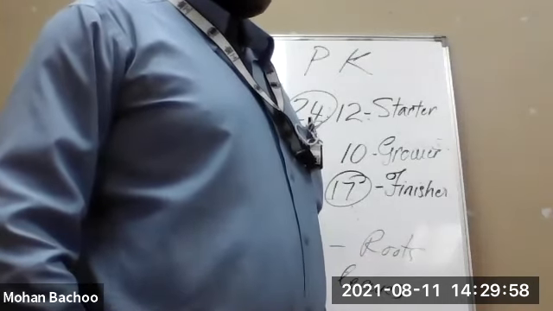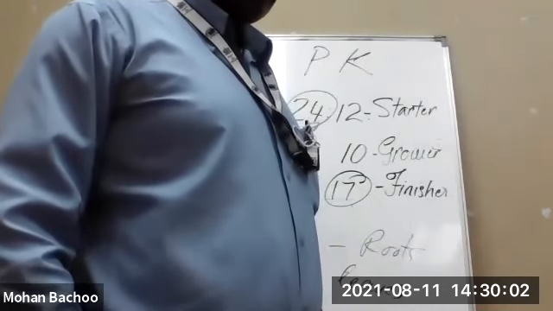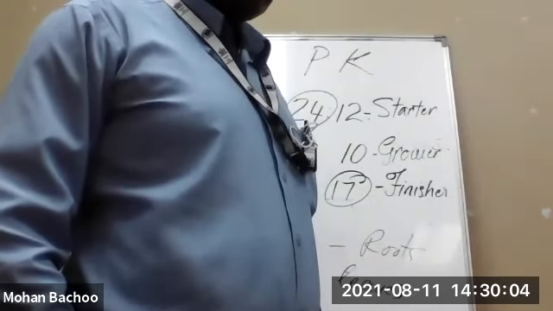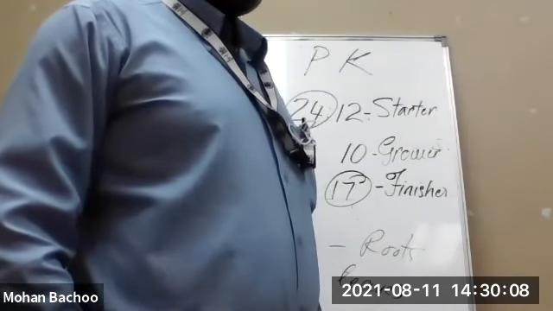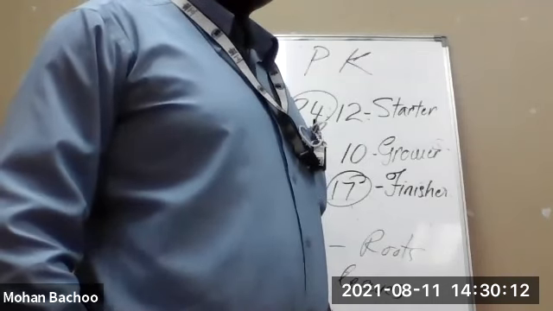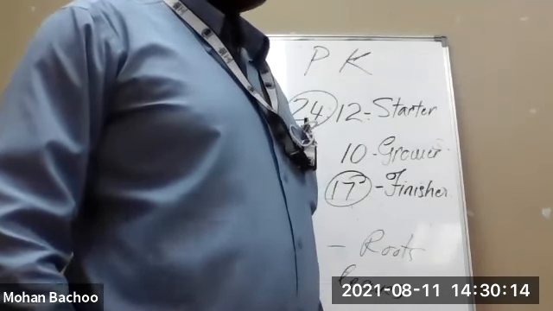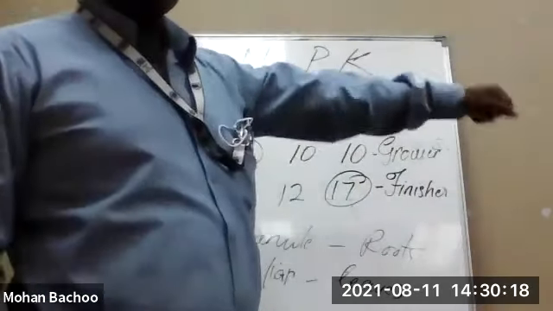This system, starter, grower, finisher, I am applying this to all plants? All my crops. All crops, flowers. Once I have cultivated my crops, I will use this system of a starter, a grower, and a finisher.